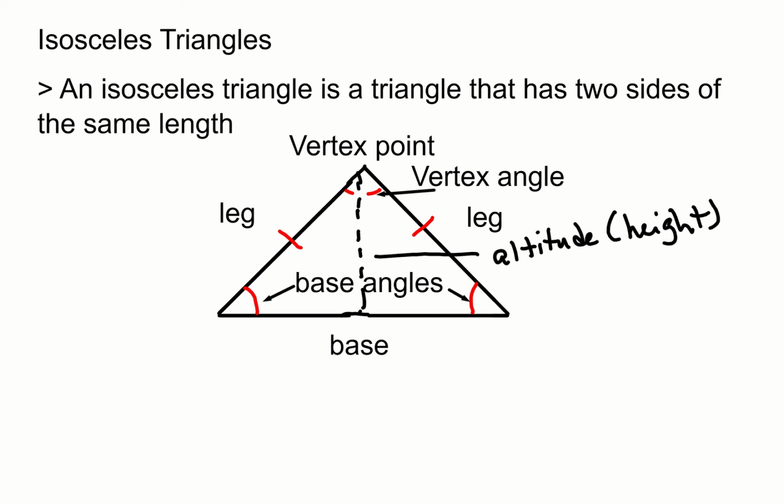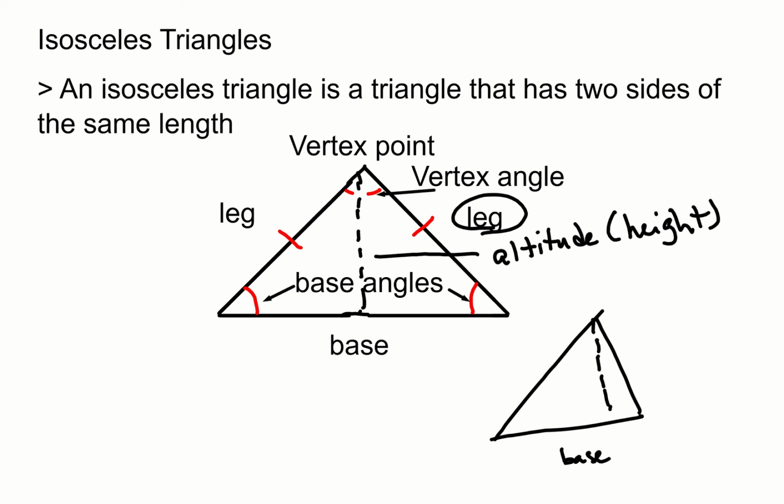And so you can rotate this triangle any which way you want, and then you would have a new height. So if I were to make this the base, then I would have to rotate the triangle. And so now this, which used to be my leg, is now my base, and I would extend to the opposite corner at a 90-degree angle.